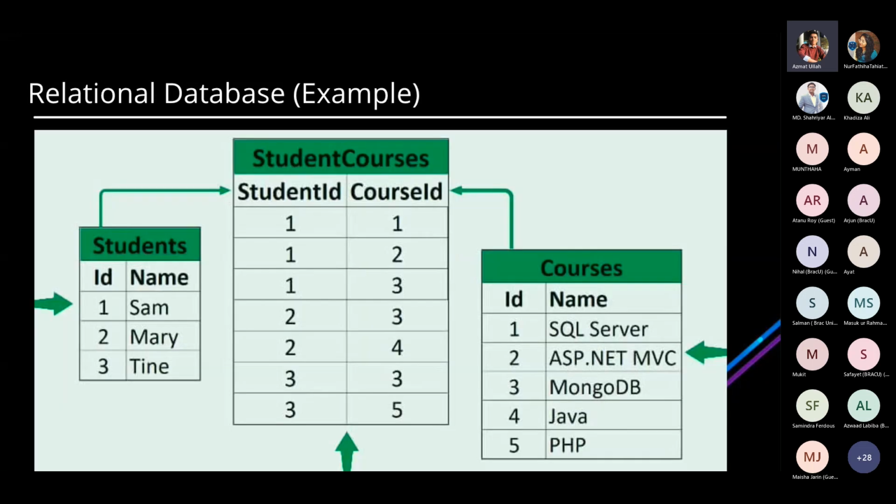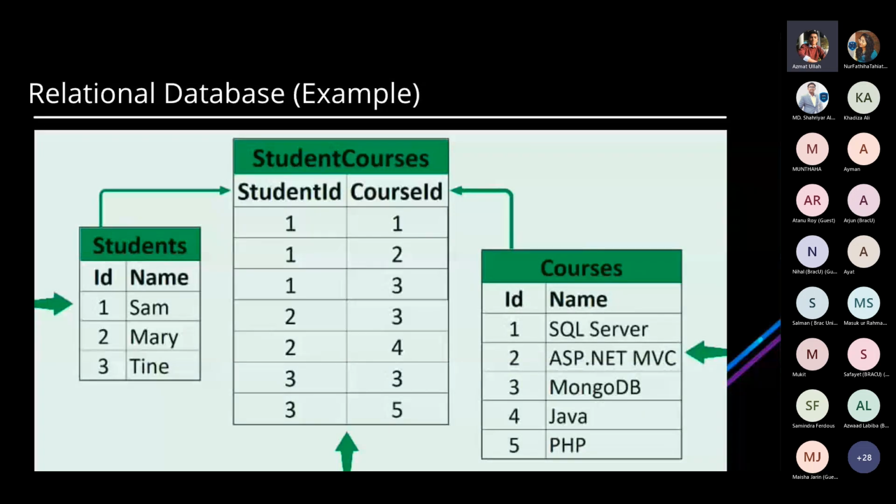So moving on to an example, you can see I have three tables over here: student courses, courses, and students. You see students has an ID on the left, and the student courses table also has a student ID. As mentioned previously, the student ID is a primary key, which is unique for every single student. You can see Sam has one, Mary has two, and the last person has three.